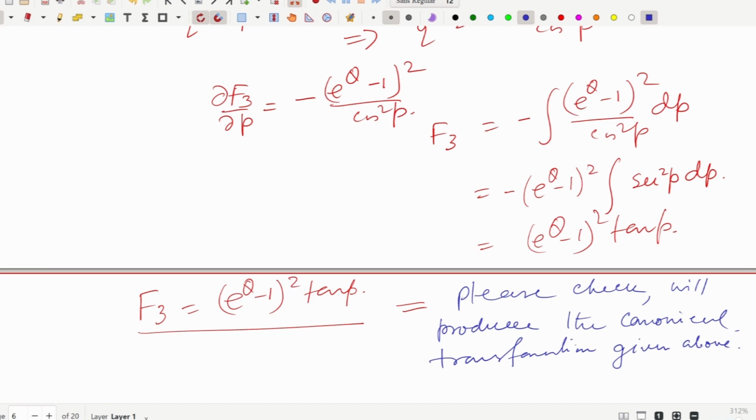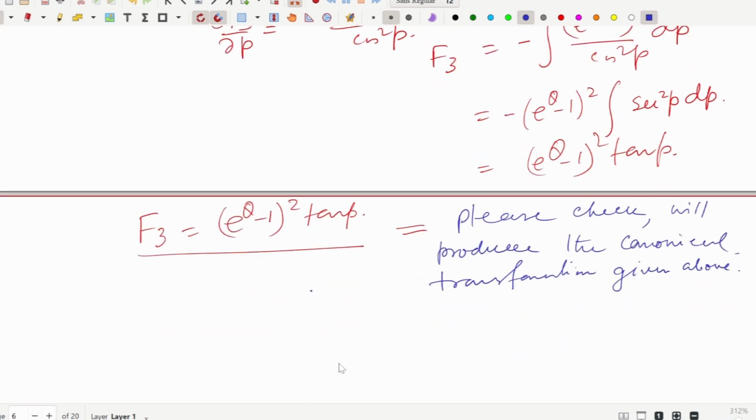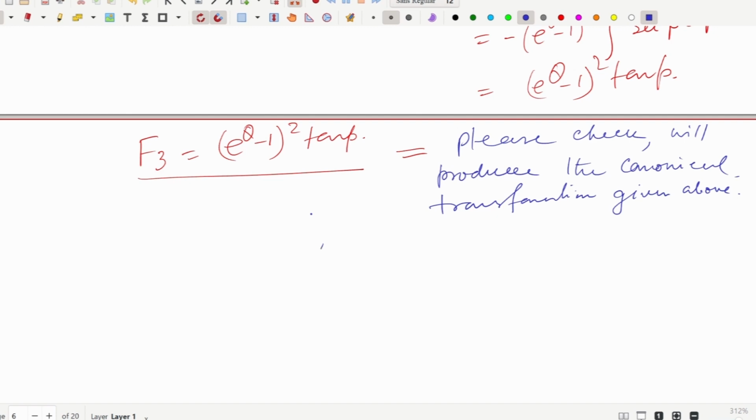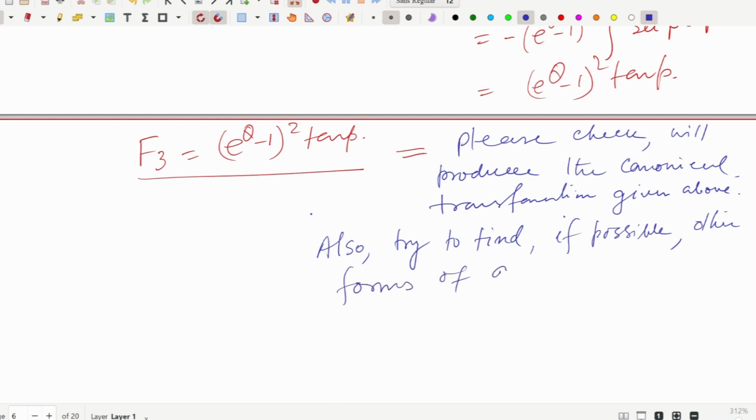And also try to find, if possible, other forms of generating functionals. Okay.